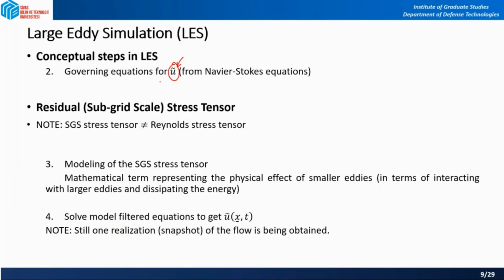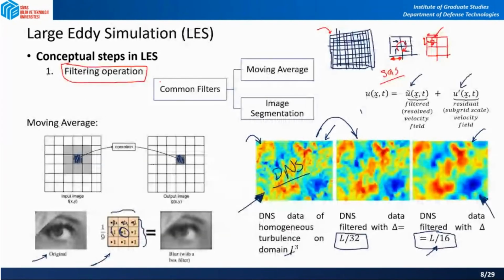Now we need a new set of governing equations for filtered velocity, because when we do the filtering, we are losing the details. Like in here, you see the details are much less than the details in DNS or real data.